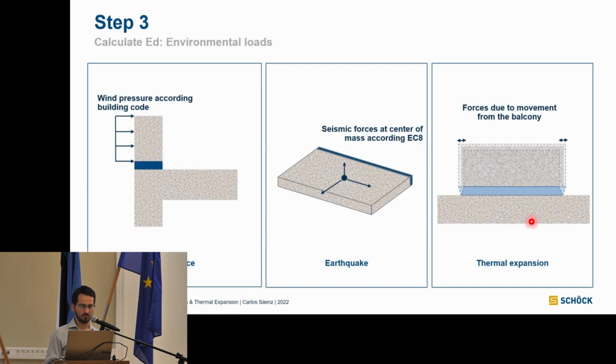So once we find out what our situation is and we define it, we proceed with the calculation of the forces, right? The forces that act on your balcony, or it can be a parapet or any other element. So we have the gravitational forces, like the more obvious ones, or the live loads.